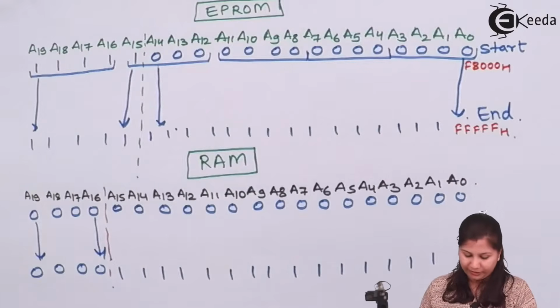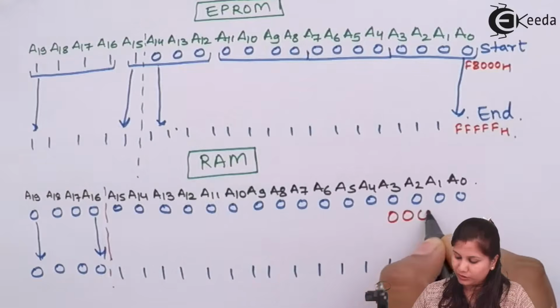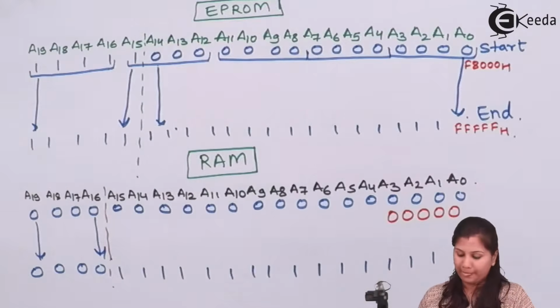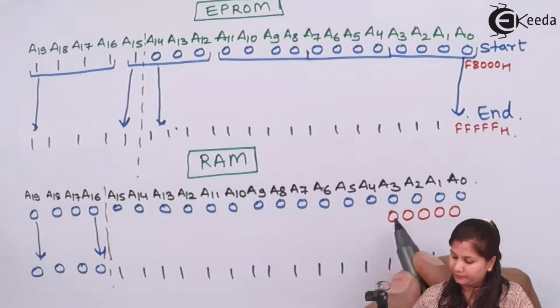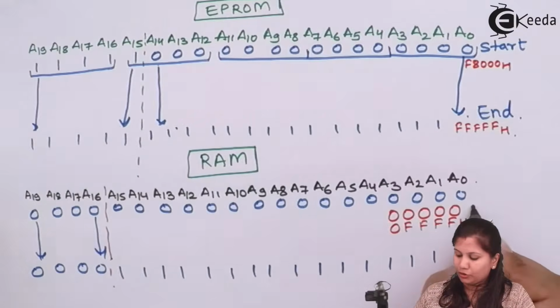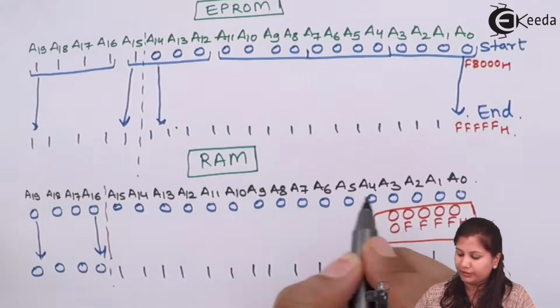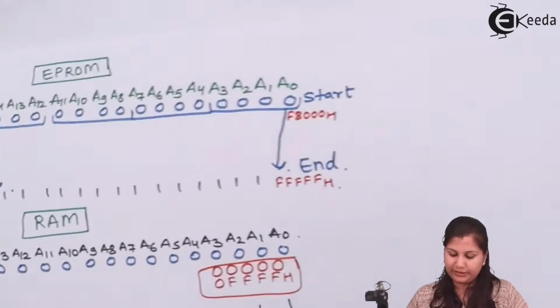Okay, so if we calculate the address, starting address will be 00000 and end address will be 0FFF. So this is the address range for the RAM and this is the address range for the EPROM. Let us write it here.